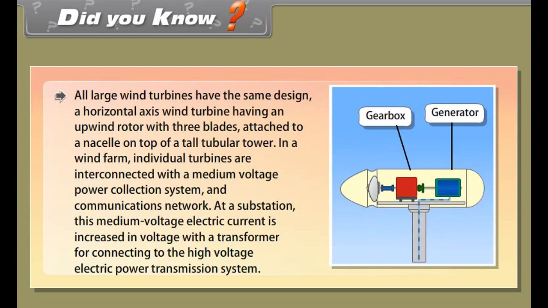In a wind farm, individual turbines are interconnected with a medium voltage power collection system and communications network. At a substation, this medium voltage electric current is increased in voltage with the transformer for connecting to the high voltage electric power transmission system.